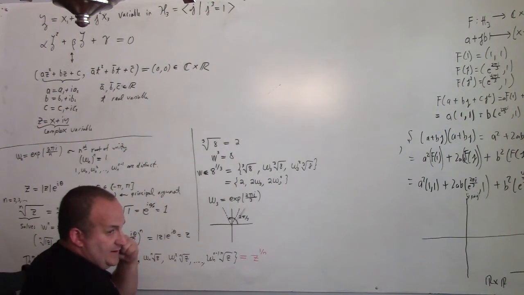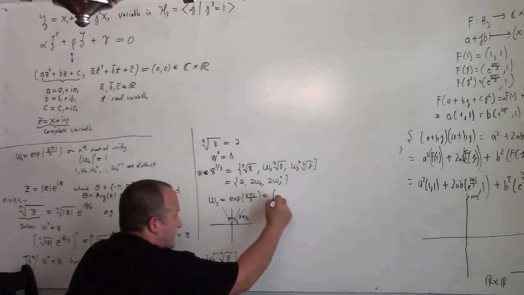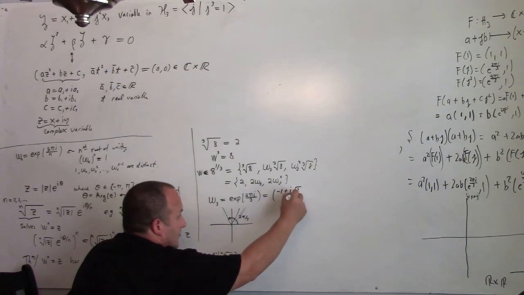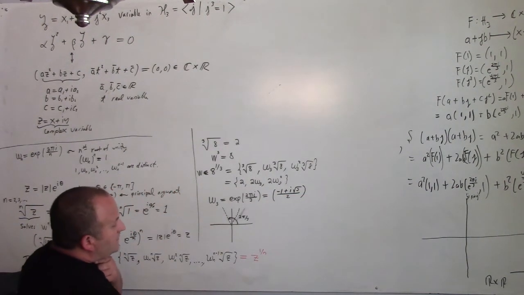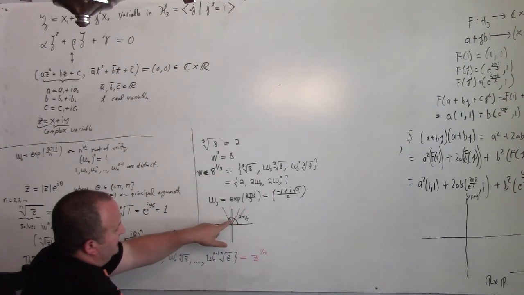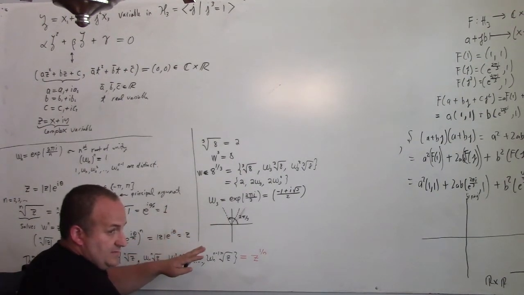It's more up than it is over. So the formula for this is actually minus 1 plus i root 3, over 2, because the 30 degrees is here, so the sine is root 3 over 2.